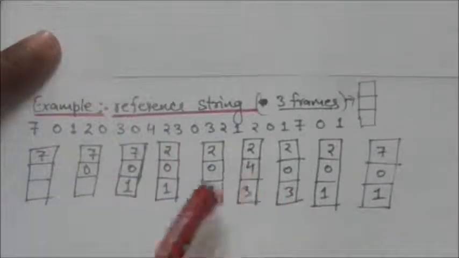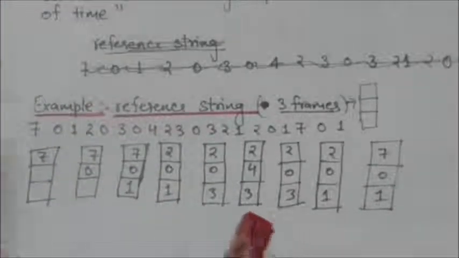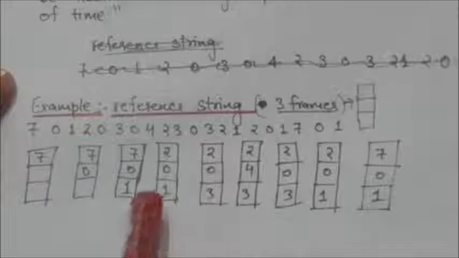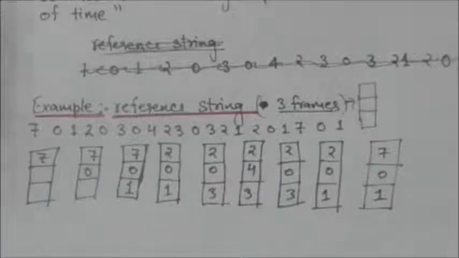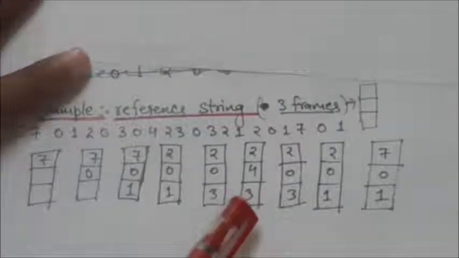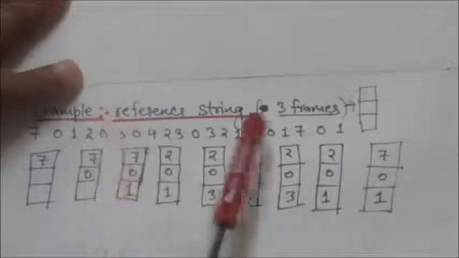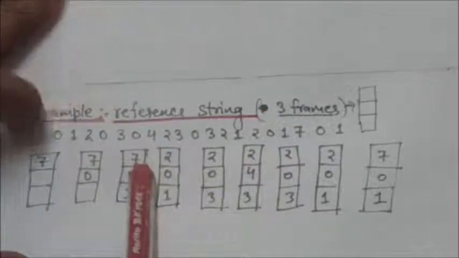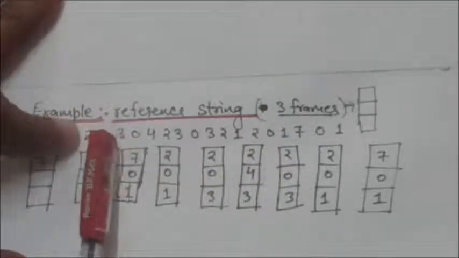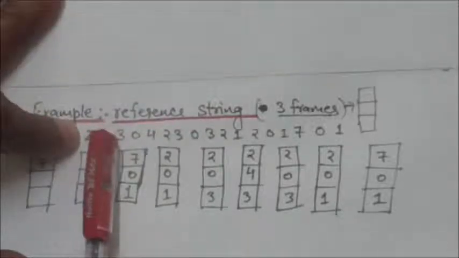According to the optimal page replacement algorithm, we have to replace that page that will not be used for the longest period of time, right? So in this reference string, we will check which page will not be used for the longest period of time. See page number 0, right? You can see that after this reference, the next reference is to page number 0.